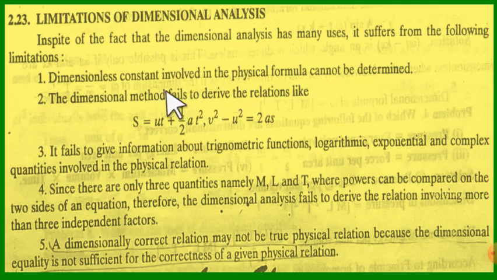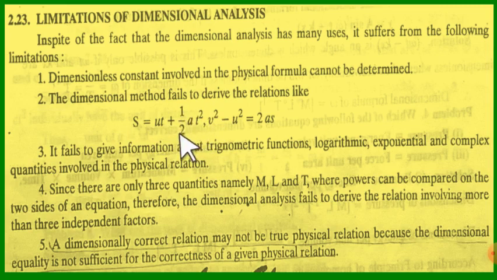We can't determine whether it is half, or 3 by 2, or 2 times, if it is coming here. We can't determine those dimensionless constants, whether it is correct or not, in the given equation. For example, we know that this given relation s is equal to ut plus half at square is a correct relation. But if one has written wrongly that s is equal to ut plus twice at square, and you check whether this equation is correct or not, dimensionally it will be correct.